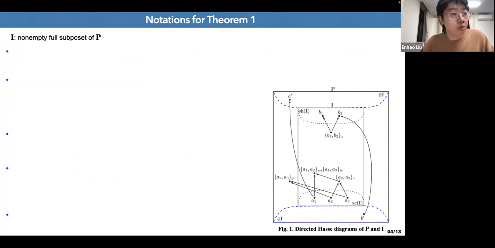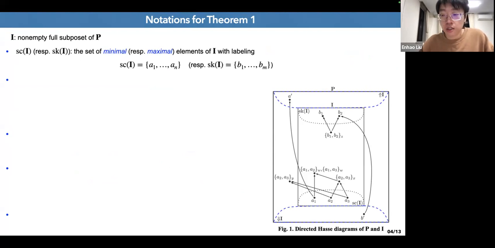On this page, we assume I is a non-empty full subposet of P. I also give an illustration of the directed Hasse diagrams of both P and I. First, this notation is very common in poset theory: we use source(I) to denote the set of minimal elements of I, and sink(I) to denote the set of maximal elements of I. Because I is finite, we can always have a labeling. So the source is A_1 to A_n, respectively, and the sink is B_1 to B_m.